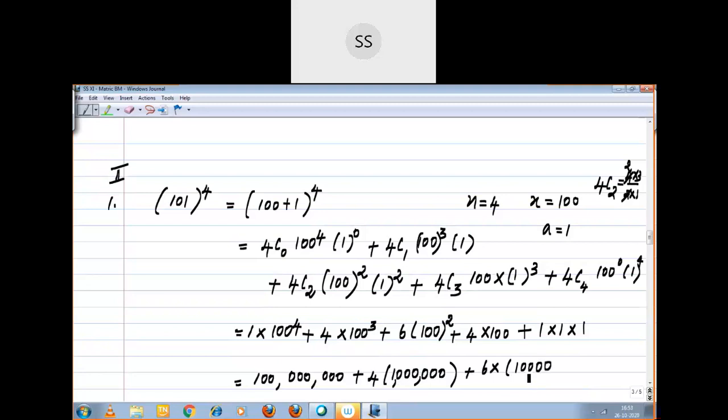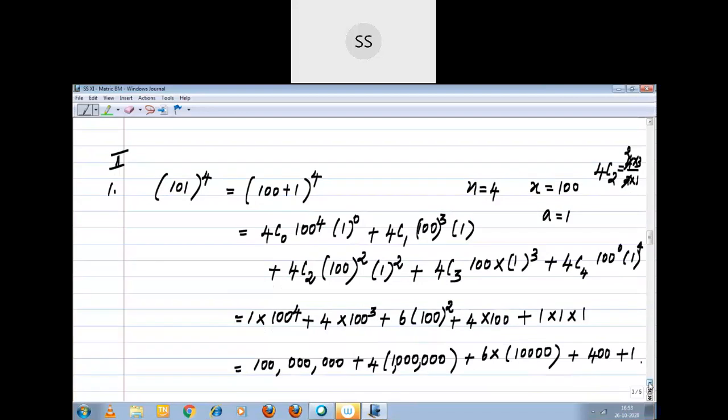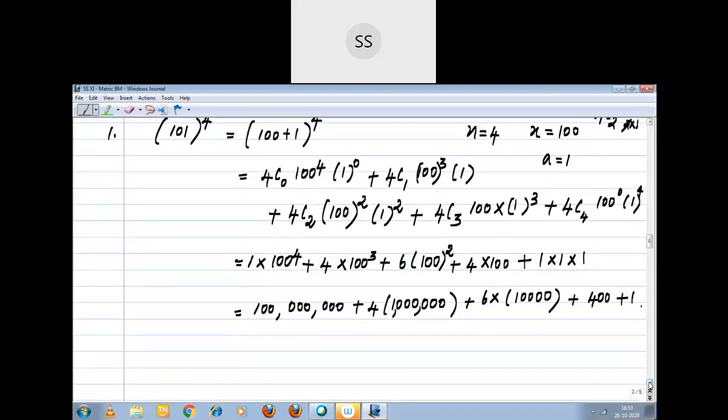Plus 6 into 10,000 plus 400 plus 1. If you want, you can follow the Indian system also. Nothing is wrong, right? Now, I will use the Indian system, right?